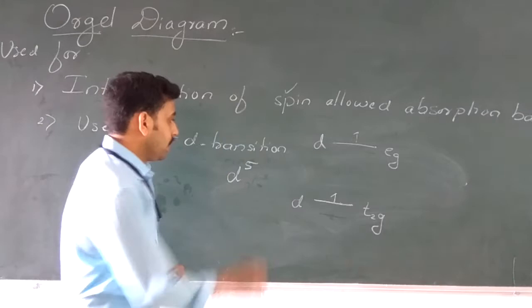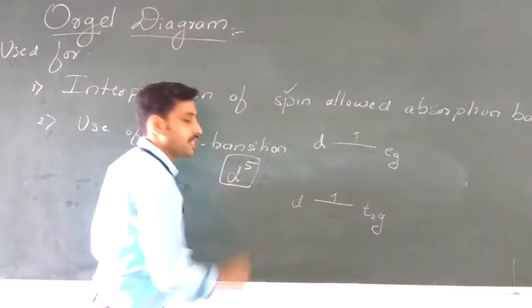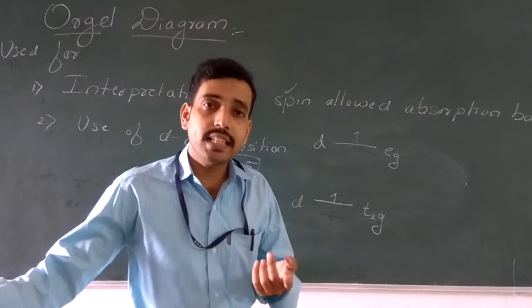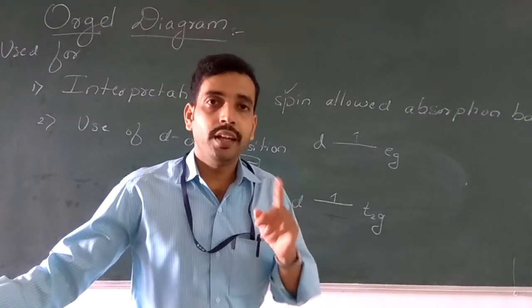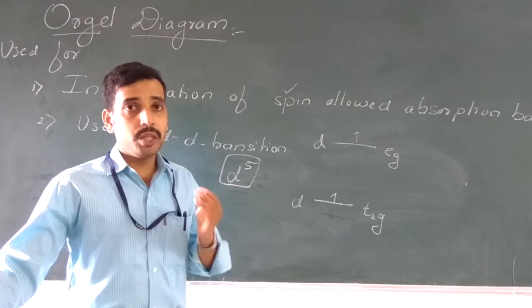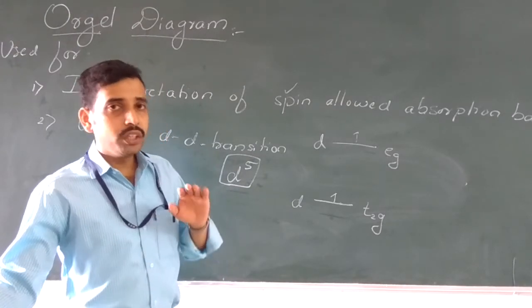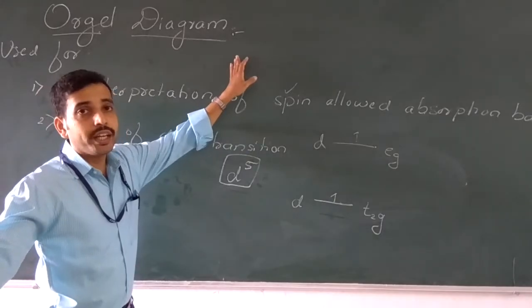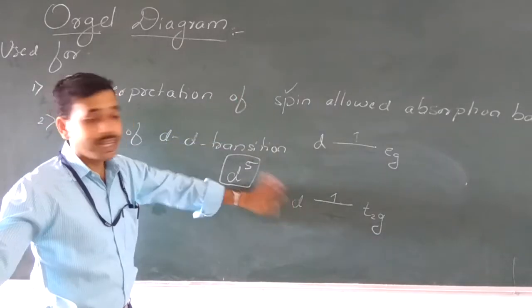That's why, except for the d5 system, the d1, d2, d3, d4, d6, d7, d8 and d9 systems show absorption bands, or show the electronic transition, from the Orgel diagram. That is the second point.